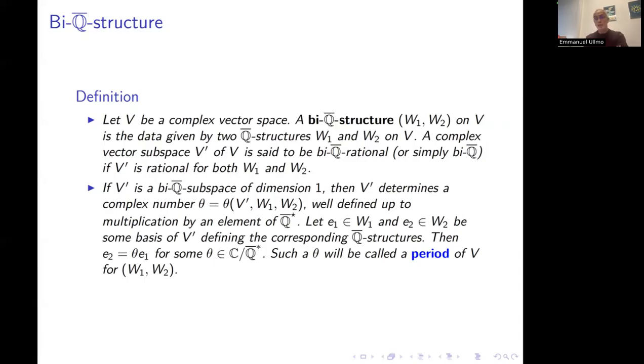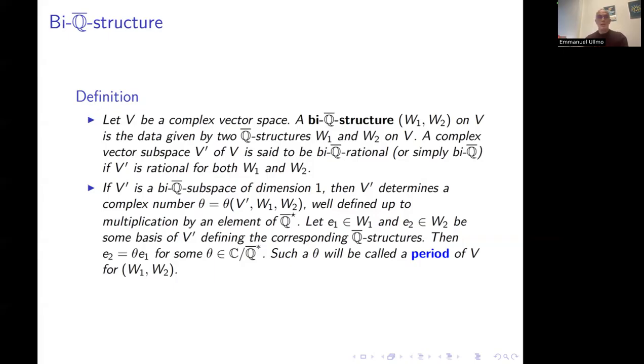So in this case, you define very naturally a complex number up to multiplication by an element of Q-bar star. On V', you can find two elements, E1 in the Q-bar structure W1 and E2 in the Q-bar structure W2.